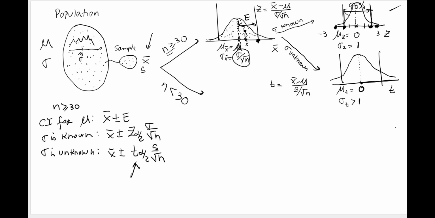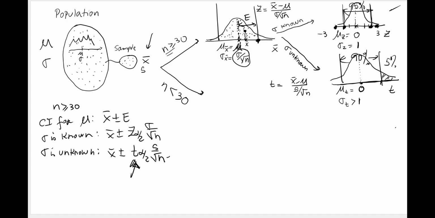And this critical value will be obtained in the t-student distribution using the same procedure. If the confidence level, for example, is 90%, then this area on the right tail should be 5%. And we need to find in the table 0.05, and according to the sample size, we can obtain this critical value for t.